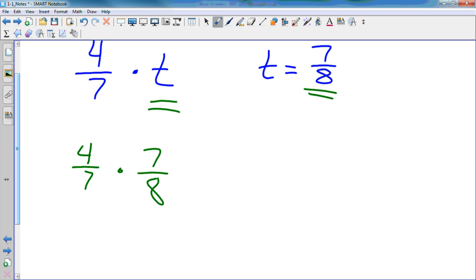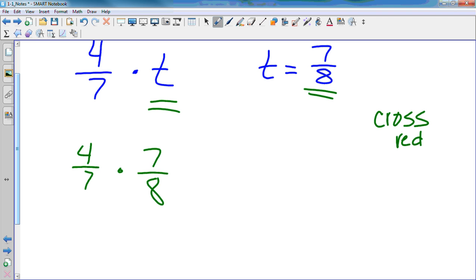Now, before you do that, there is a shortcut to help you. Before we multiply straight across, does anybody know a shortcut to make it a little easier? You probably know it, you just forget it. You remember the words when your teacher told you to cross reduce or cross simplify?